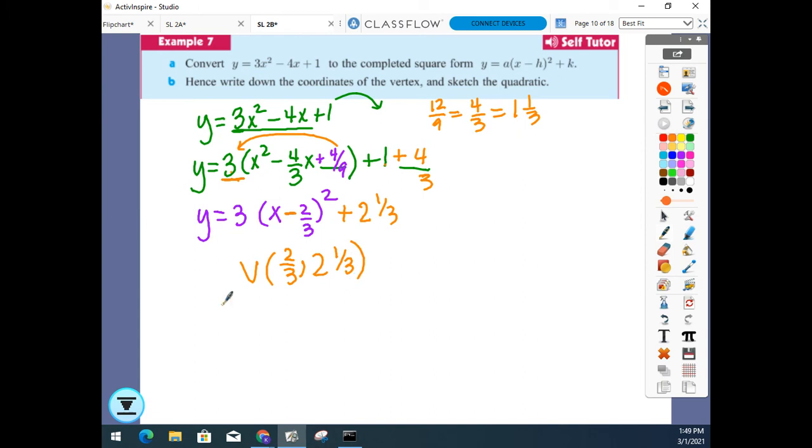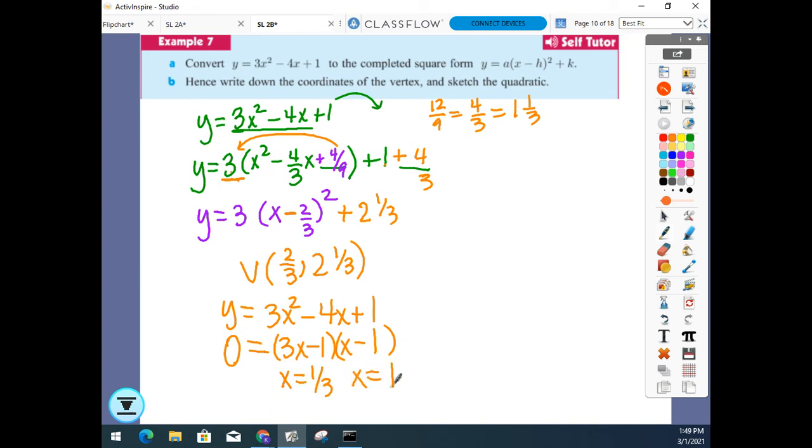I'm going to find my intercepts because this is factorable. So I find my intercepts by putting 0 in for y. 3x and x make 3x squared. 1 and 1, minus minus. So my intercepts are 1/3 and 1.